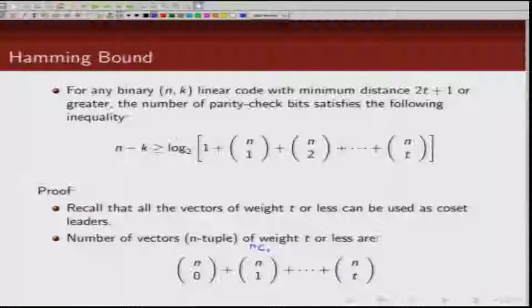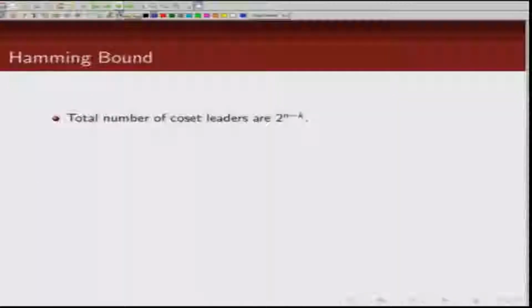How many error patterns of weight 2, that is nC2, and similarly how many error patterns of weight t, that is nCt. So these are the total number of error patterns of weight 0, 1, 2, 3 up to weight t. Now, note all of these should be coset leaders, only then can we correct them.